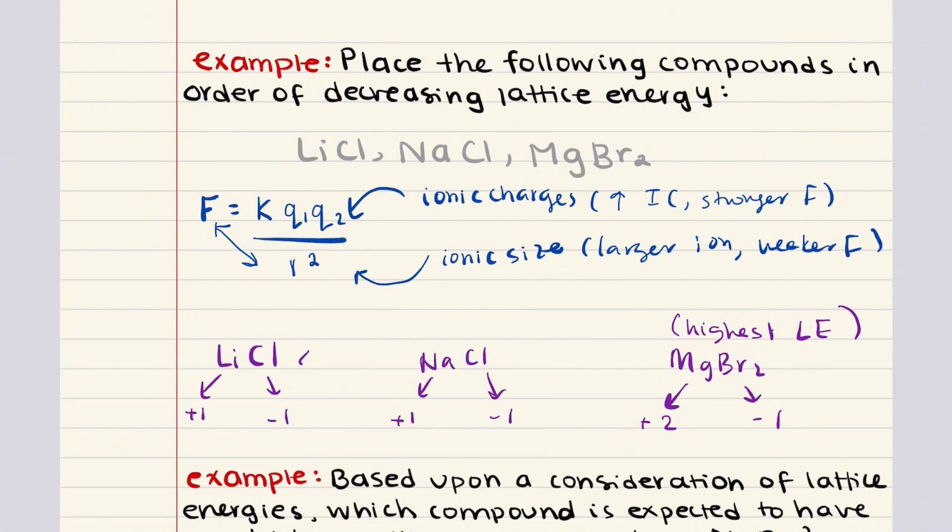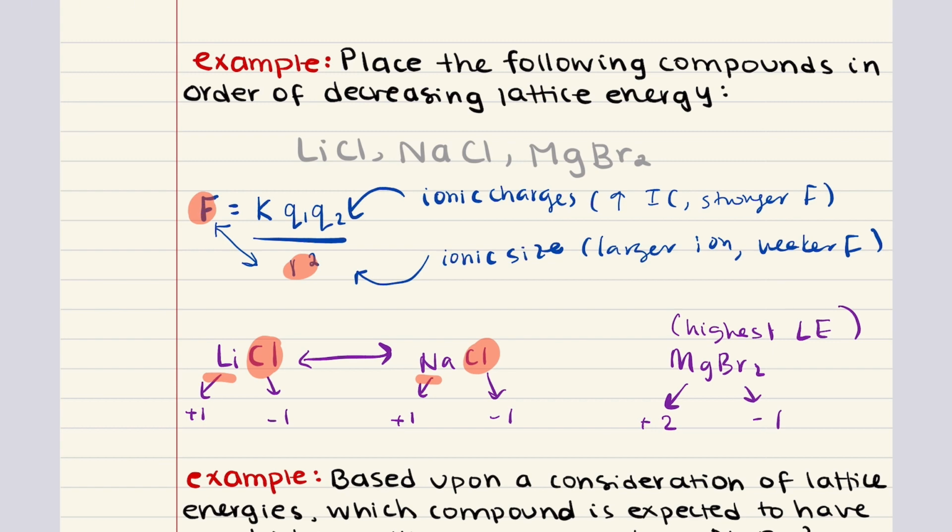To compare the two, we need to consider the size of the ions. Both of them have the same anion, chloride, so we can really just focus on the cation, lithium versus sodium. Sodium is larger than lithium. And if it's larger, then R squared is going to be larger, the denominator is going to be larger, and F is going to be weaker.